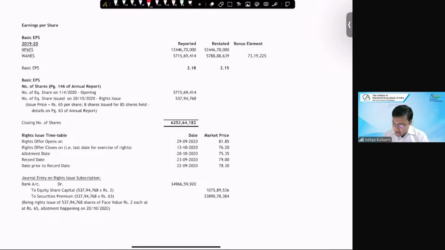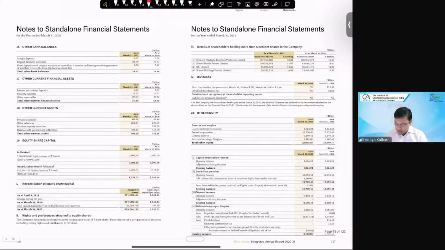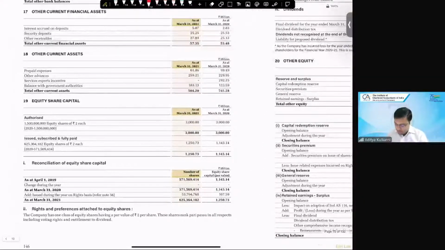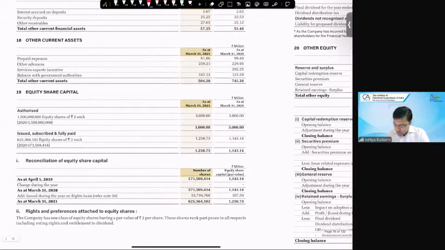So let us look at the share capital disclosures that they have given. I hope the figures are visible to everyone. Reconciliation of equity share capital, this is the part I'm specifically referring to. You can see opening value of shares 2019 to 2020, there is no change.